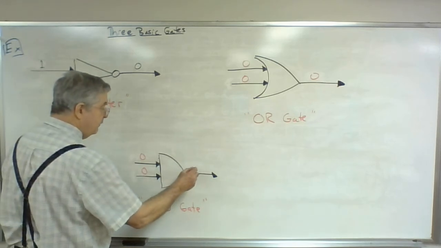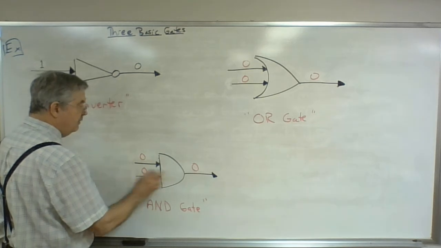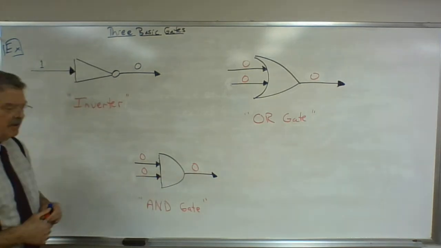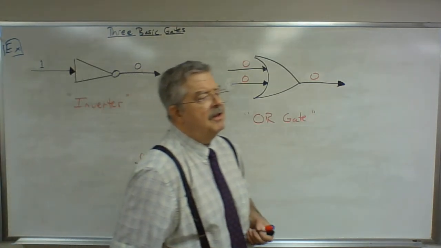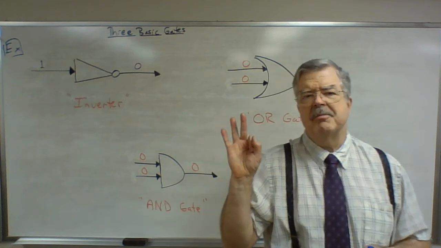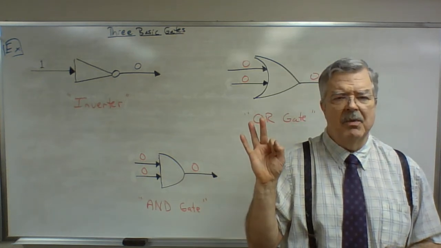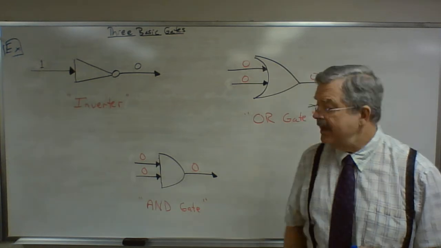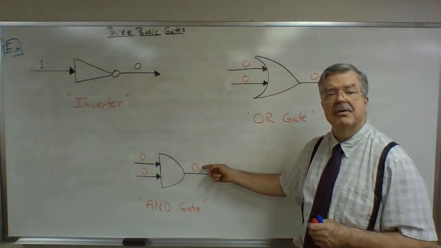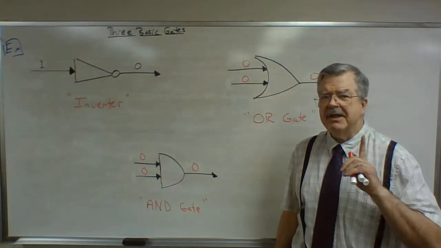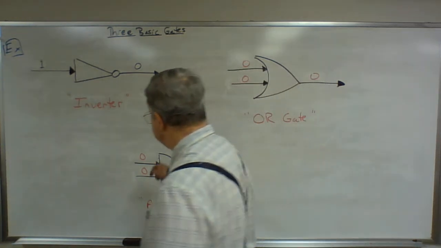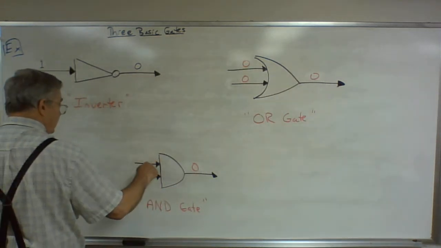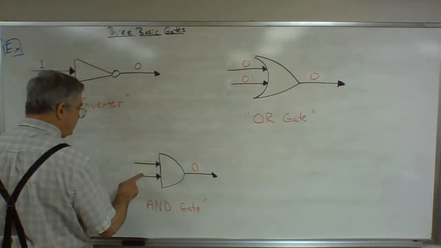It's going to be false, isn't it? False and false is false. This covers 3 of the possible 4 cases of zeros and 1s. And in each case so far, we've gotten 0 as our output.